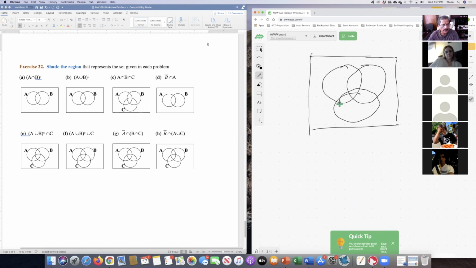A bar intersection B intersection C. So A bar would be everything outside of A. I understand my confusion now. Oh, you understand it? Yeah, I mixed up the symbols of intersection, and then I looked back at the circles. I saw my mistake. I'm sorry. You understand? All right. Okay.